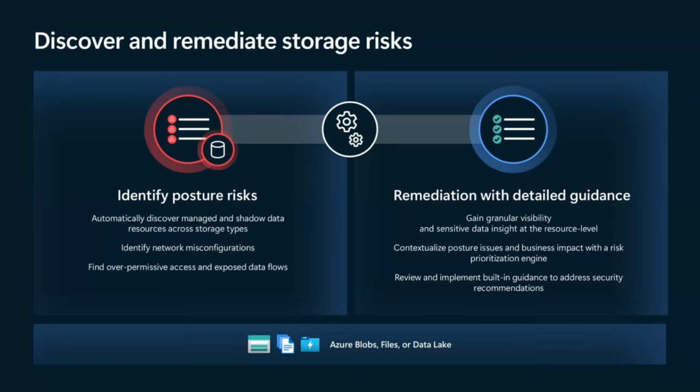We offer recommendations per storage account, again, prioritized according to the risk factor. And all of these recommendations are tied to your secure score, to your regulation score. The idea is that once you fix your recommendations, your risk is lower and you are more compliant.